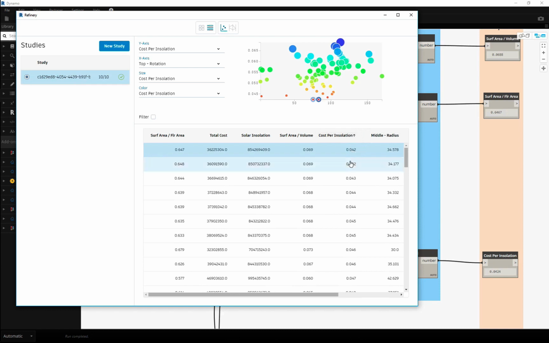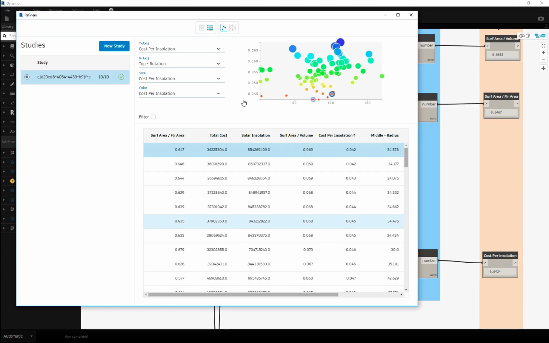We can see that there are some that are relatively equivalent. You can see how things stack out. Actually, it makes sense per the graph. That's the way we're plotting in the y-axis. So all these are the lowest cost per insolation. Those are the highest cost ones up there. Okay, so you can definitely be looking at these.